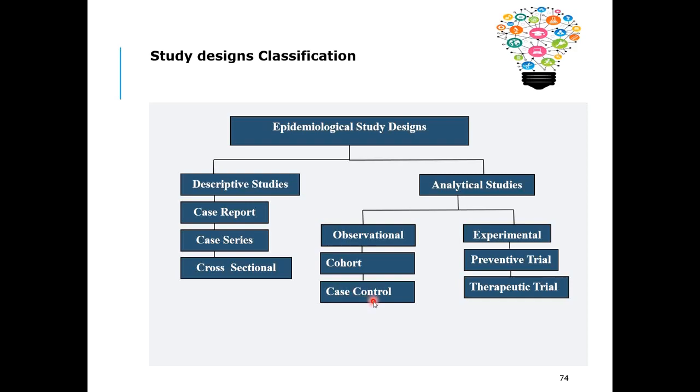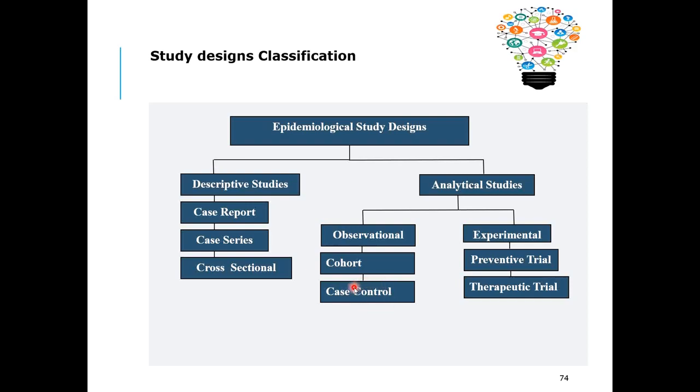For example, in the same study, if I take the patients who are suffering from lung cancer and those who are not, and I go back in time and ask the patients who have lung cancer whether they smoked in their youth, or used hookah, bidi, or shisha.